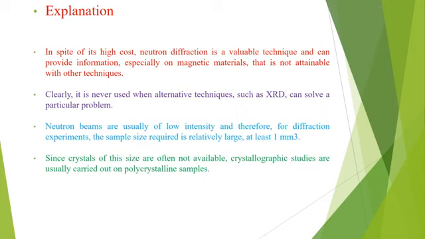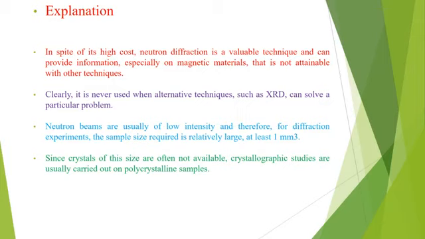Neutron beams are usually of low intensity, and therefore for a diffraction experiment the sample size required is relatively large, at least 1 millimeter cubed.